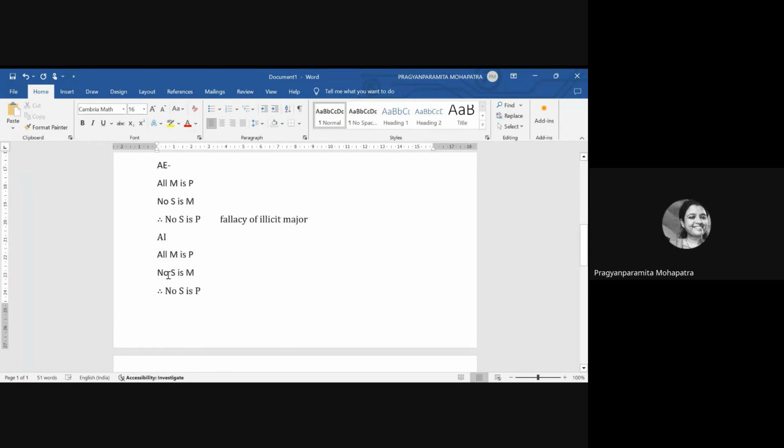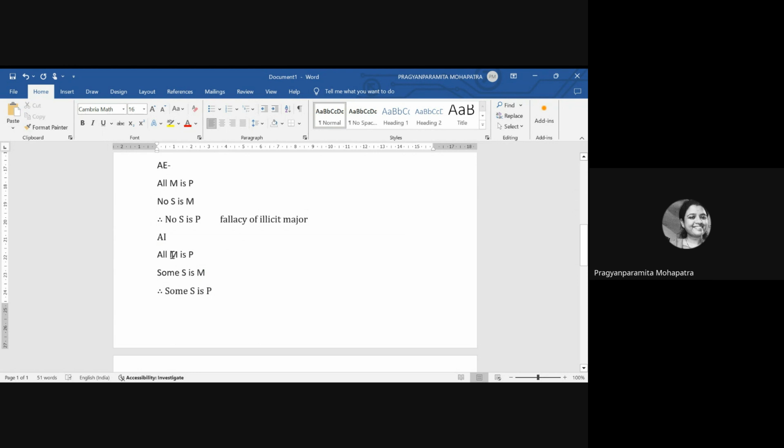So the I proposition is: some S is M. If one of the premises is particular, then the conclusion must be particular. Okay, so let's check.